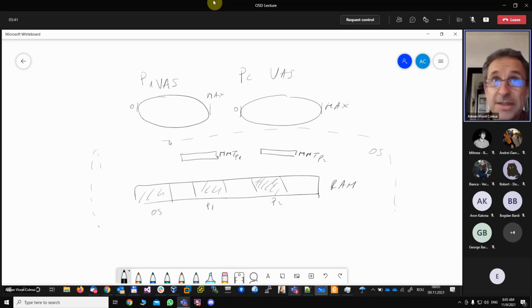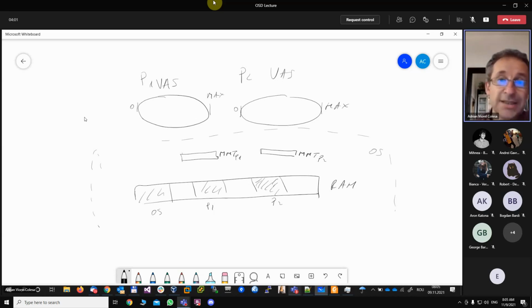But I also told you that in modern operating systems it's used to also map the operating system inside each process's virtual address space. Otherwise, of course, we should illustrate the operating system also here as having its own virtual address space.